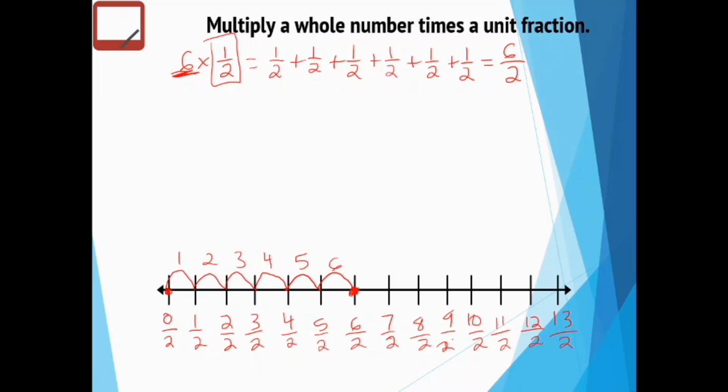Well, let's break it down a little bit further. So taking a look at this repeated addition here. If I were to put a bracket around this, like so, we know that 1 half plus 1 half really equals what? 1 whole, right? Because 1 half and another half, if you put them together, make 1 whole. So what if I rewrite this like this?